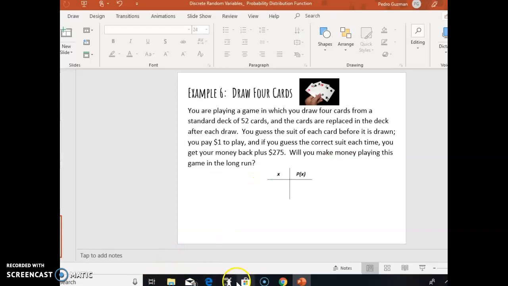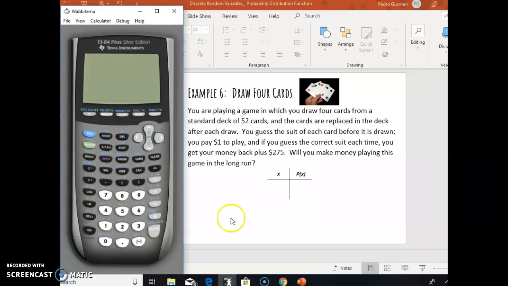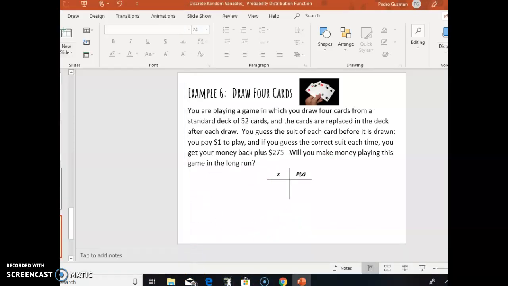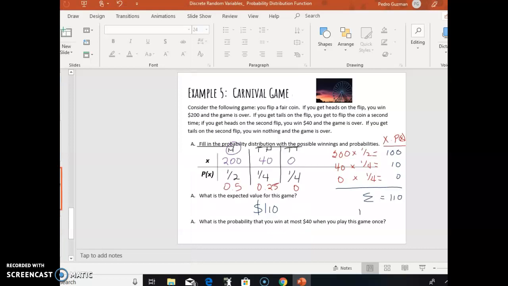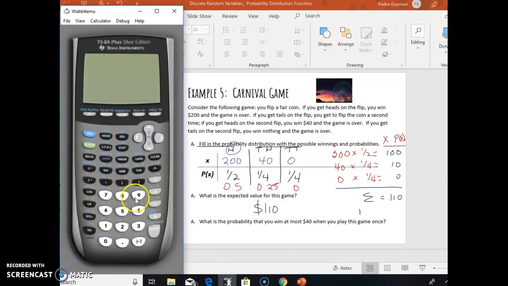I just wanted to pull the calculator up and show you. Go back to that slide. All right, calculator. If we go to stat, enter. If we go over to L5, I'm going to put in 200, and then 40, and then 0, and then L6. You can put these in L1 and L2.